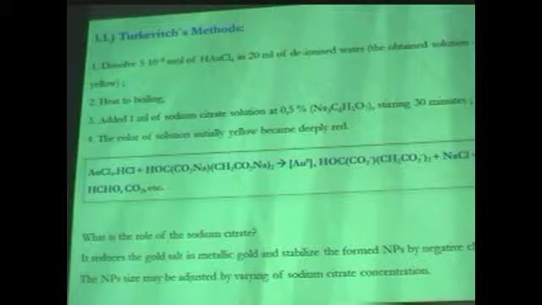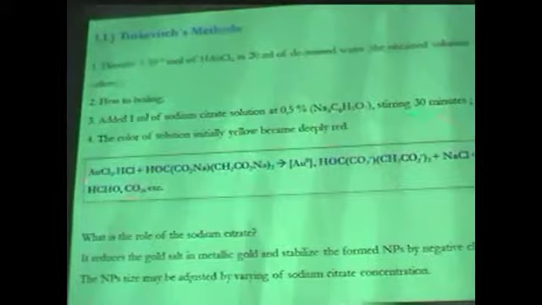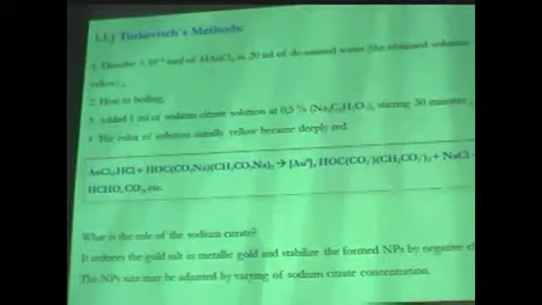We heat the solution and we add the sodium citrate. We stir and the solution becomes deeply red, which signifies the formation of gold nanoparticles. The overall reaction is presented here. The role of the sodium citrate is double. The sodium citrate here reduces the gold salt to metallic gold and also stabilizes the formed nanoparticles by negative charge.